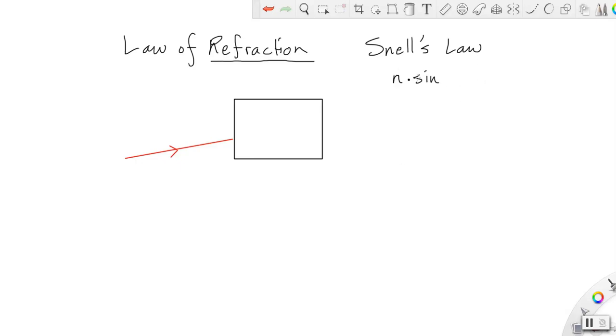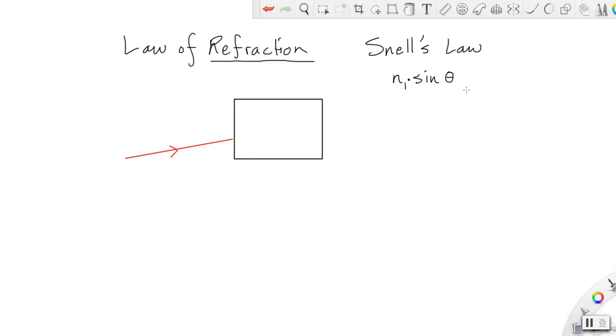It's the same one, so it has an effect on the speed of light in a material like last week, and it also has an effect on the angle of a ray of light in a material. So we're interested in the index of refraction of a material, and the sine of the angle of that ray of light. It's very simple once you get this down.